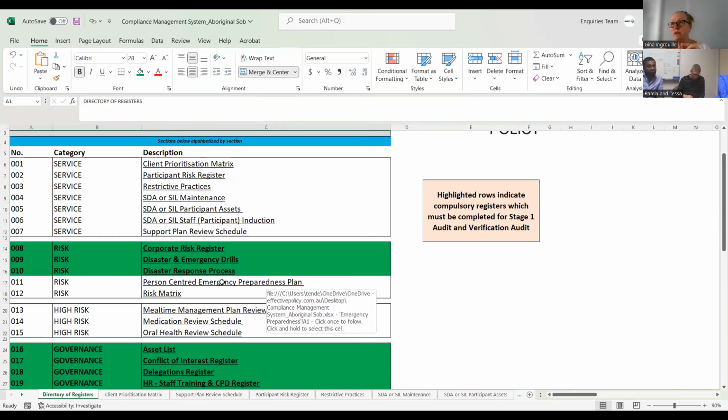There are two in your package that you'll get. One is for supported independent living, anyone who is in your accommodation for whom you are looking after. Yeah, if you have them in accommodation, you will need to use the more specific one for SIL. And if it's just community access, like they're not living in your accommodation, there's a brief one.